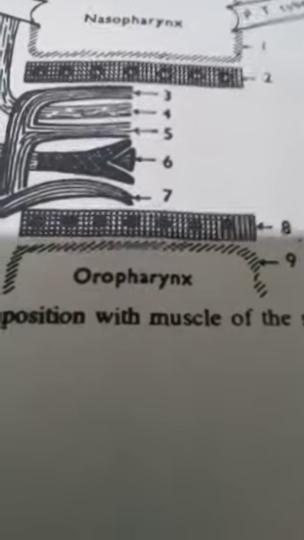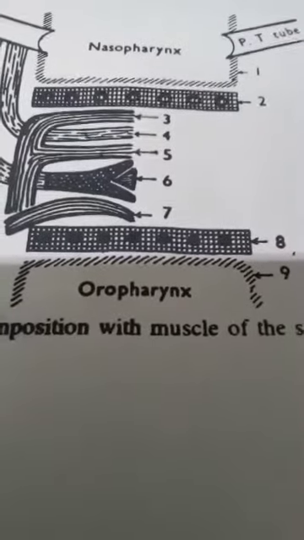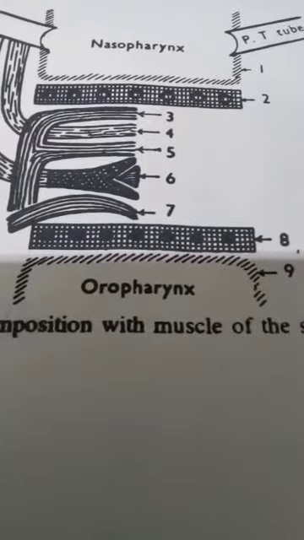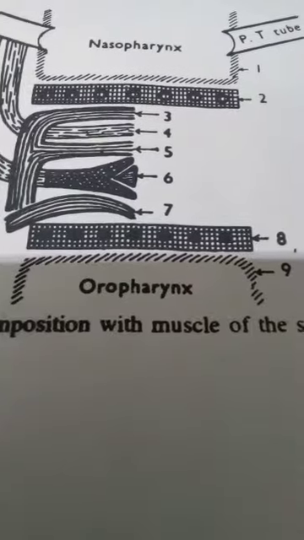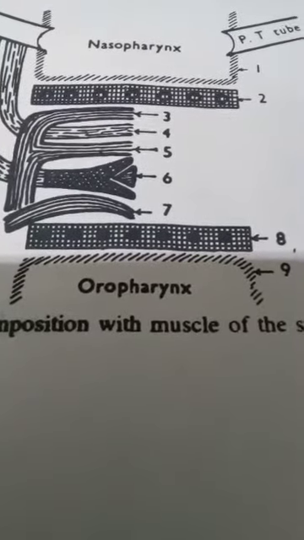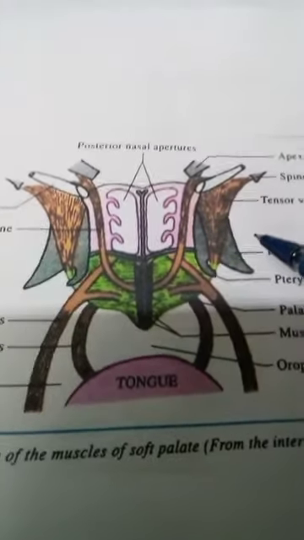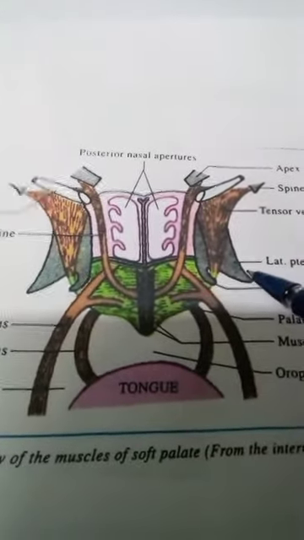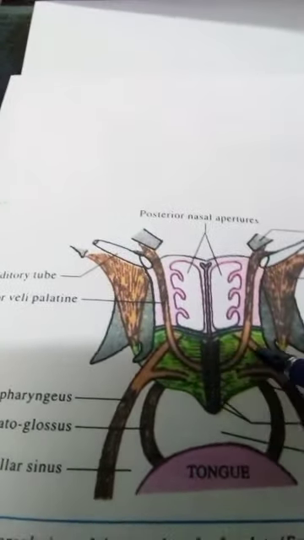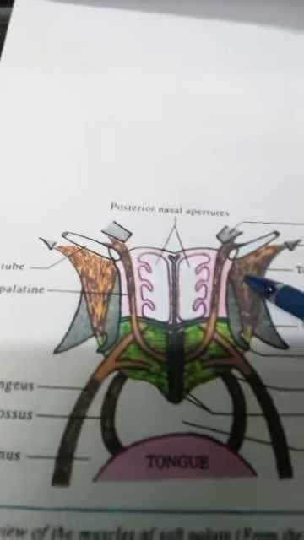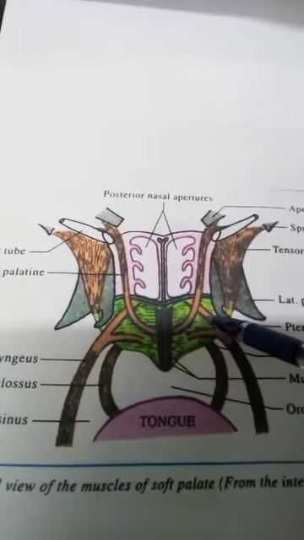A few words about palatine aponeurosis. Palatine aponeurosis is a fibrous framework of the soft palate where all the palatal muscles are attached. You see in this picture, this one is the palatine aponeurosis, where you see all the muscles of the soft palate have been attached.